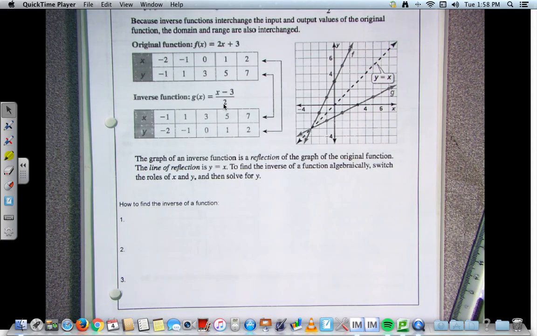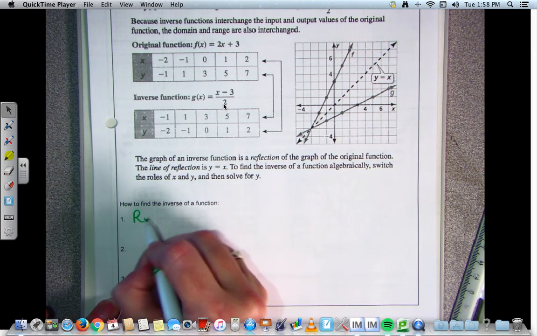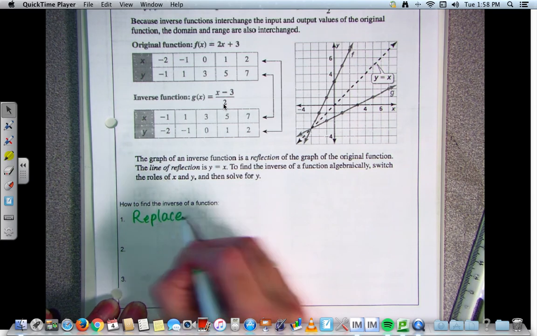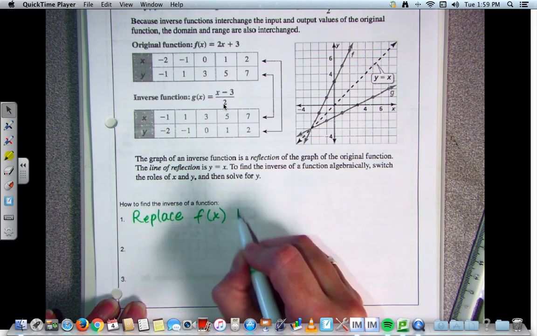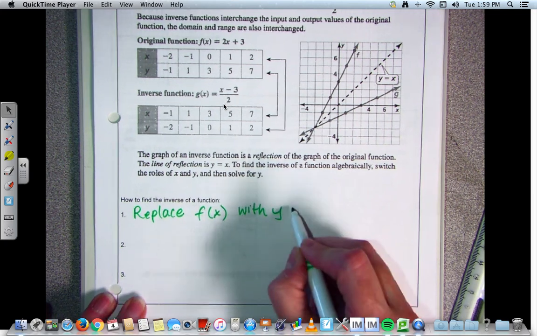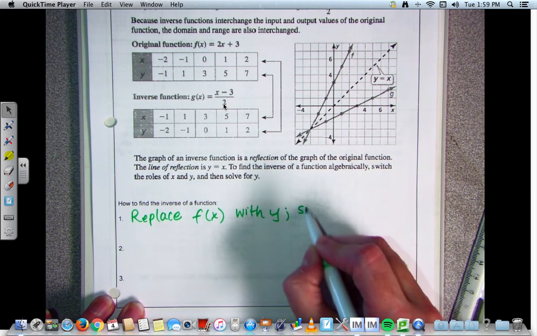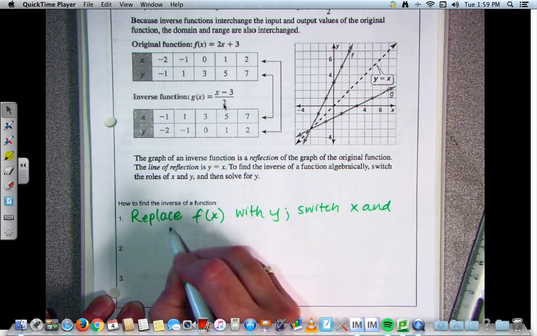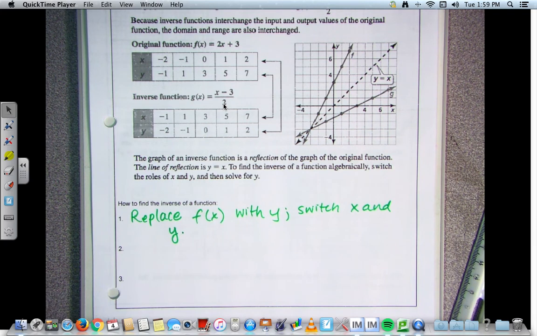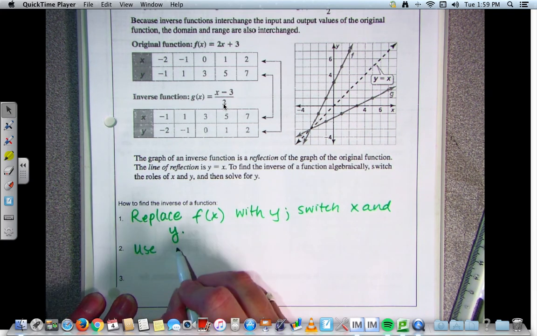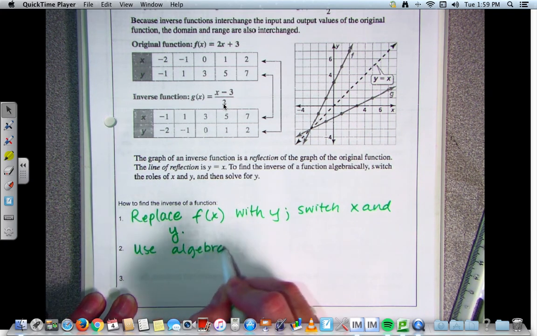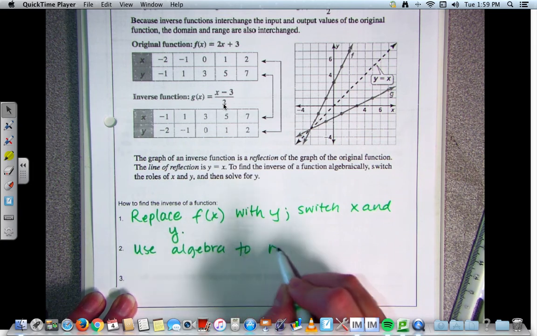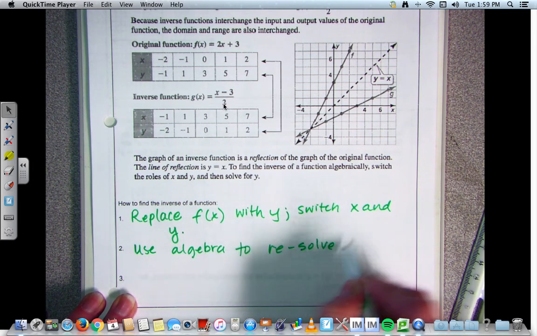So how do we find the inverse of a function? First, replace f of x with y. Then switch x and y. Use algebra to solve for y.